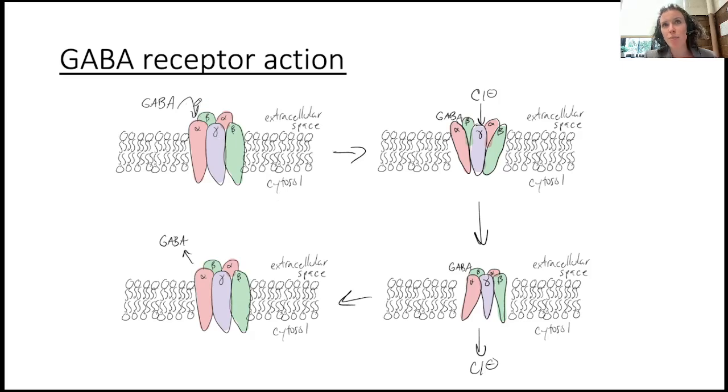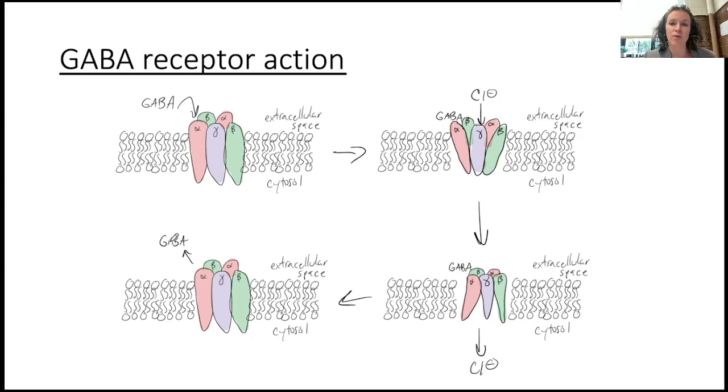And when GABA binds onto the protein, what happens next is it opens up to let this molecule, chloride ion, chloride like table salt, through. So that chloride ion comes in and goes all the way through the GABA receptor to the inside of the cell. And then GABA can leave.